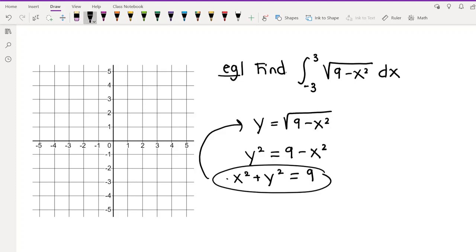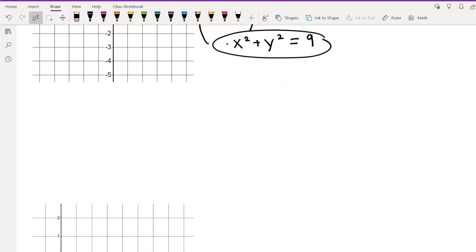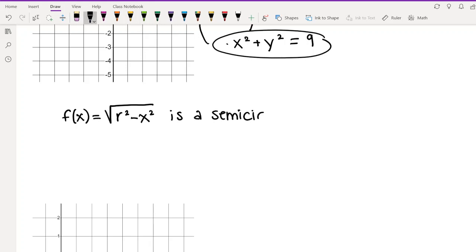So I want to write that down here in general because that's a good type of function to be able to recognize. So f of x is equal to the square root of r squared minus x squared is a semicircle of radius r, so whatever number, so in our case we had 9, right? So the radius ended up being 3, centered at 0, 0.